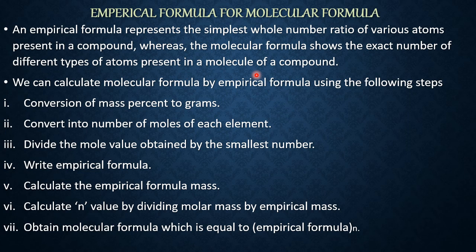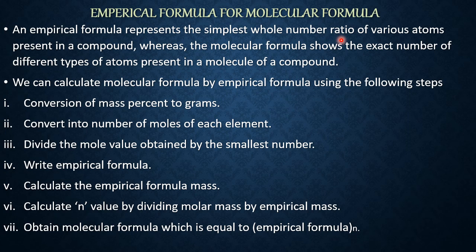Molecular formula for benzene is C6H6, whereas empirical formula for benzene is CH. Means what? See the definition: empirical formula represents the simplest whole number ratio. The simplest form of 6:6 is 1:1.